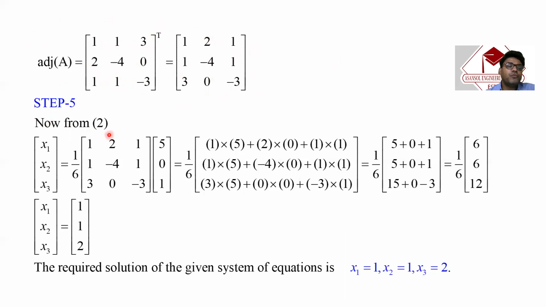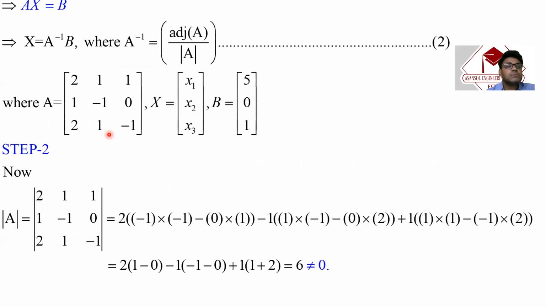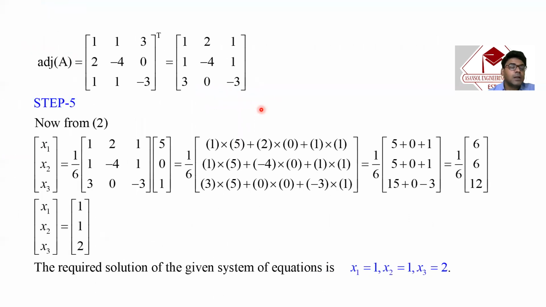Now from step 2, X means the variable matrix, and A inverse means adjoint by determinant.